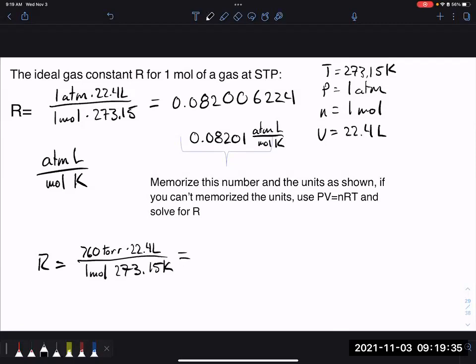So solving this, this value of R would be 62.32 in torr liters per mole Kelvin. So you can always calculate R at STP based on the units that you want to use.